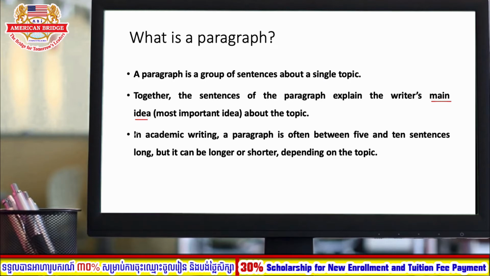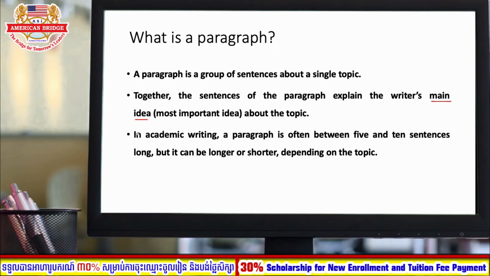And last but not least, in academic writing, for example, your schoolwork, your writing during your test or your final exam, most of the time it is often between 5 and 10 sentences, but it can be longer or shorter depending on the topic. So the question is, how many sentences, how many words should I write? The answer is based on the topic.